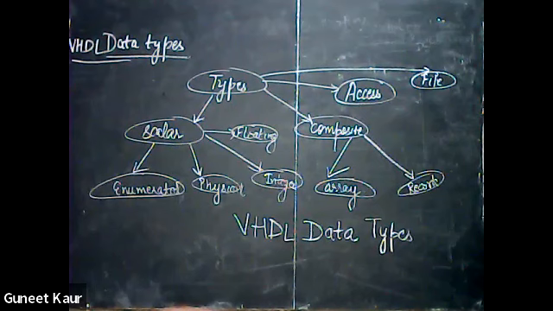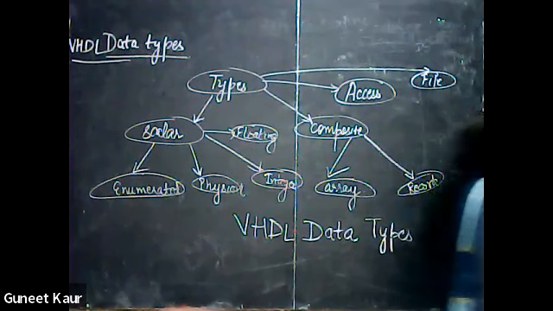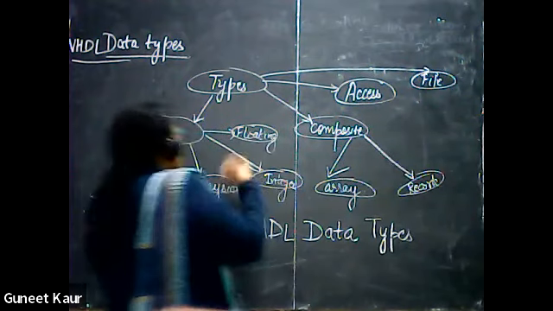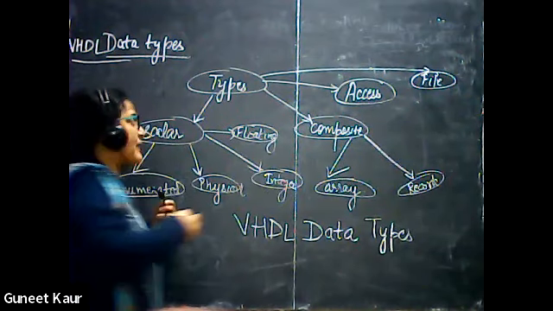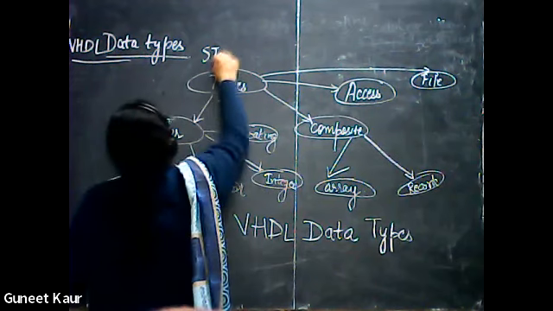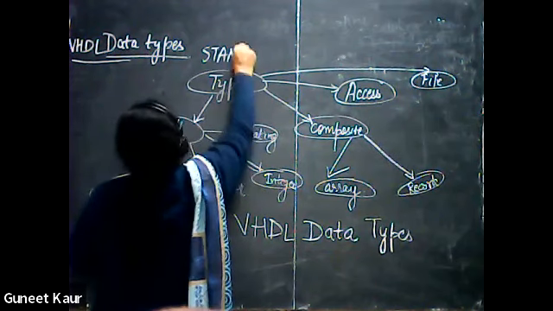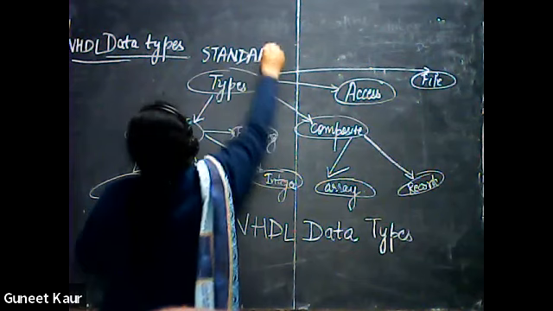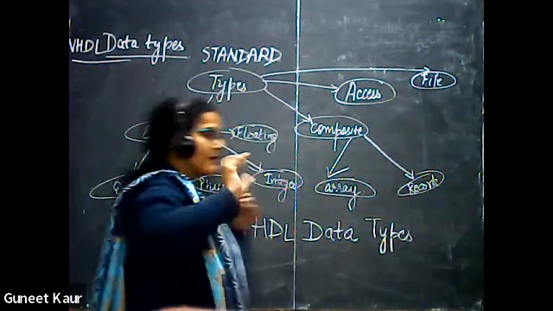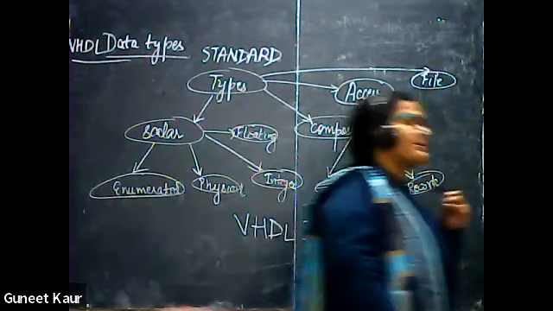There are also certain predefined types in the VHDL language, and predefined operations that can be performed on these data objects. These are contained in a package called standard.